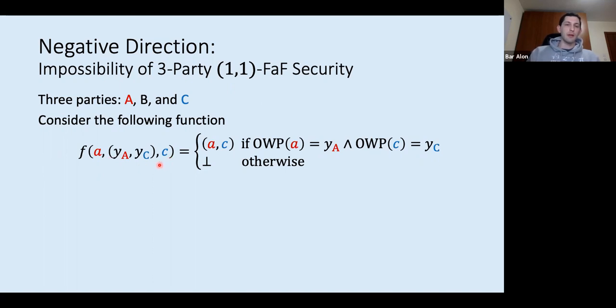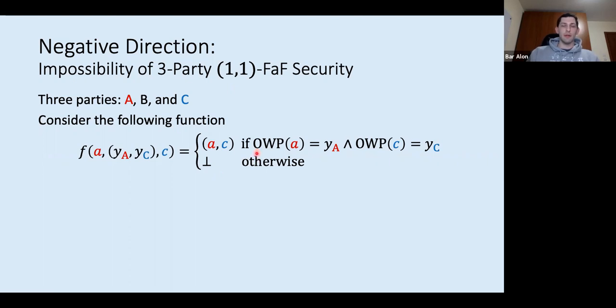And the second party holds YA and YC, which you can think of as sort of authentication of the strings A and C. What do I mean by authentication? So forget about this OWP for a minute. If the authentication of A is YA, and the authentication of C is YC, then everyone will learn A and C. Otherwise, if one of the authentications fails, then no one learns anything aside from their inputs.